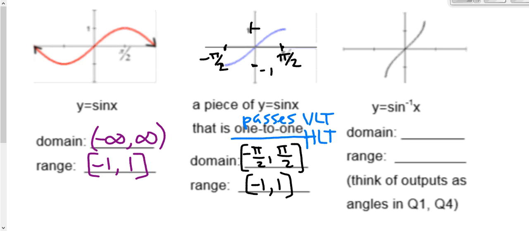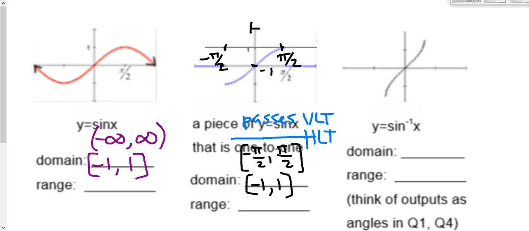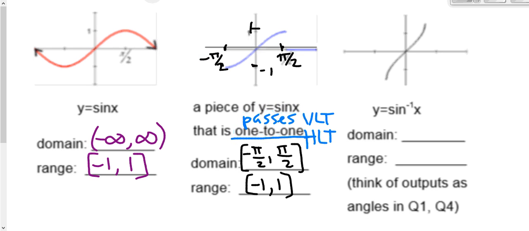So this is what the inverse sine graph looks like. It's just a piece of the sine graph that has been reflected across the line y equals x. So now the domain will be what the range of sine of x was. So the domain is -1 to 1. And the range will be what the domain of the sine graph was.